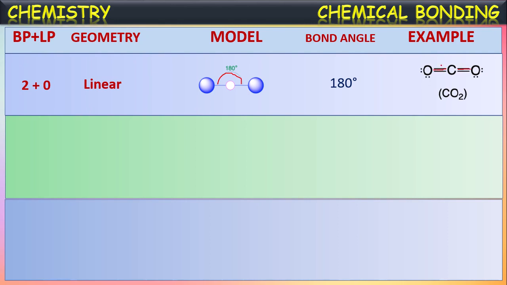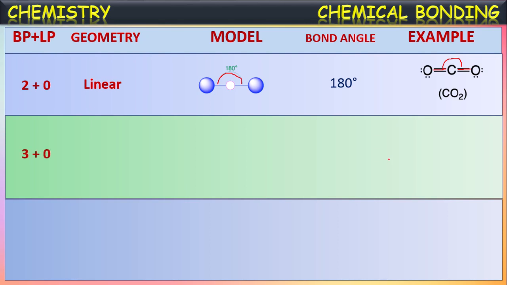Two bond pairs, no lone pairs on the central atom. These two will be arranged in opposite directions in a linear shape. The bond angle will be 180 degrees. One more we can say, BeCl2, BeF2. In all these molecules also there are two bond pairs, no lone pairs. So those molecules also acquire this linear shape with 180 degrees bond angle.